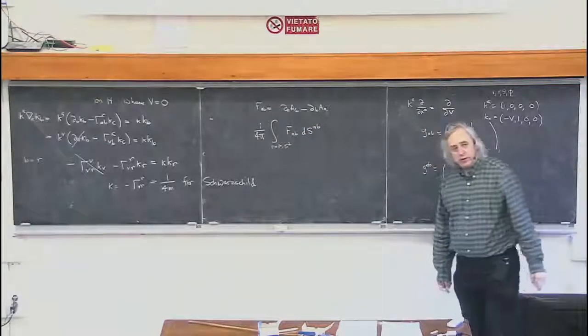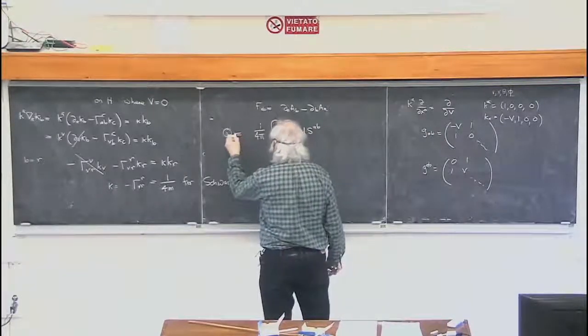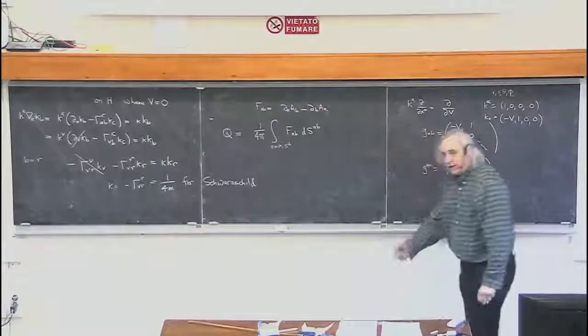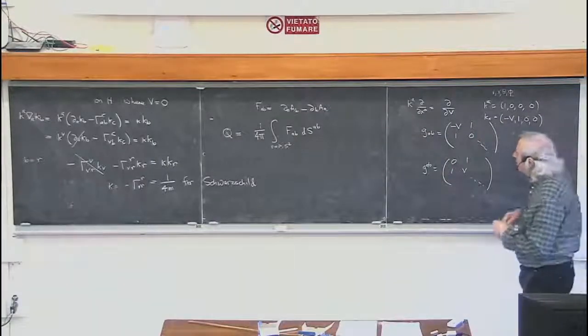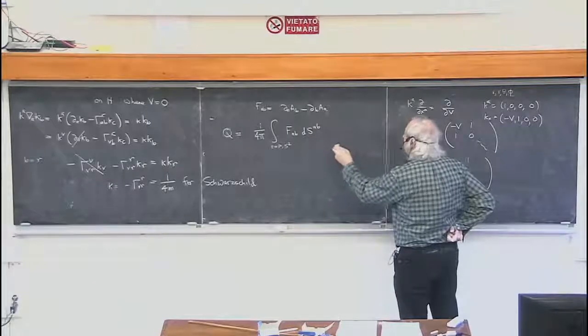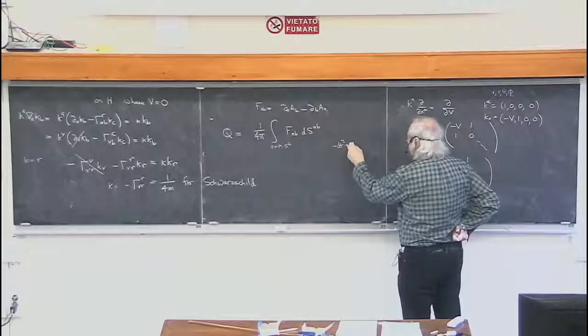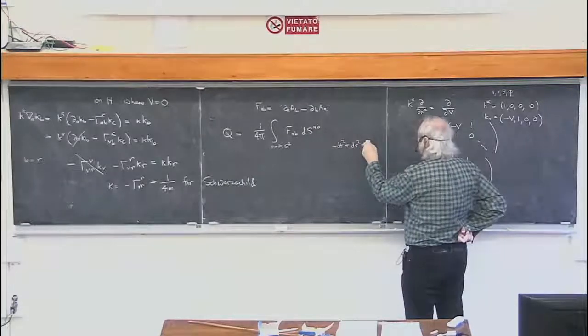And that should be the charge. If this needs any explanation, just think about what's happening in Minkowski space. So I'm just thinking about the t-r plane. In Minkowski space, this is minus dt squared plus dr squared plus r squared d omega squared.